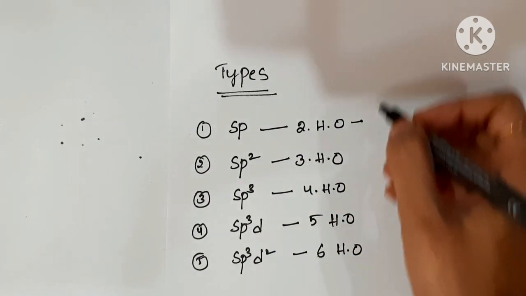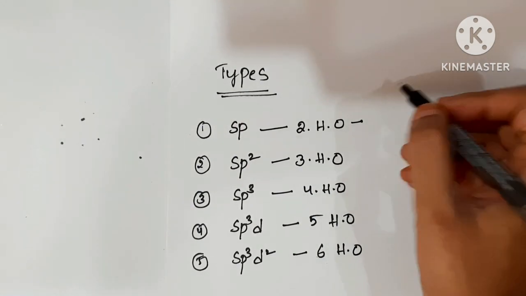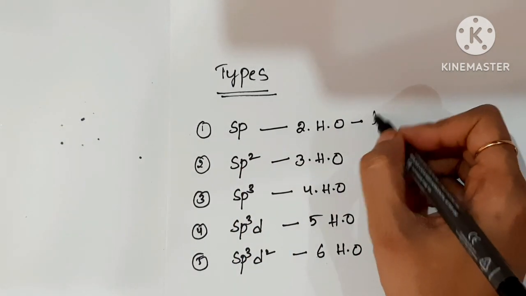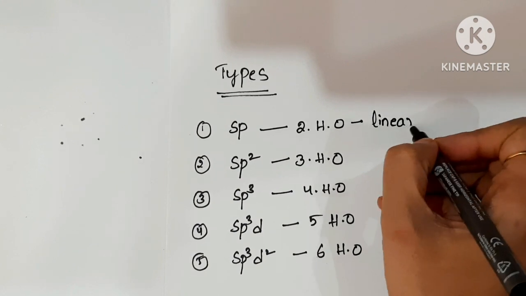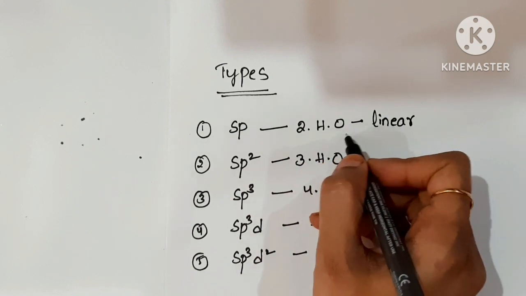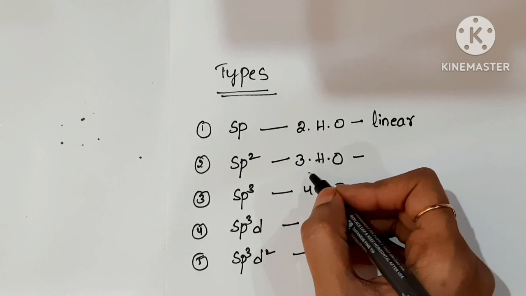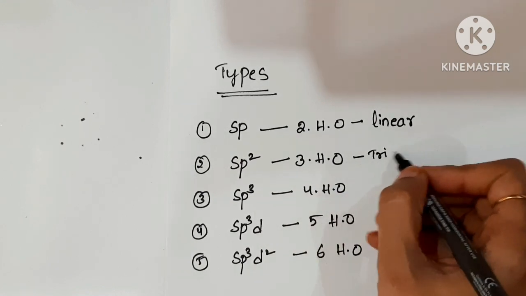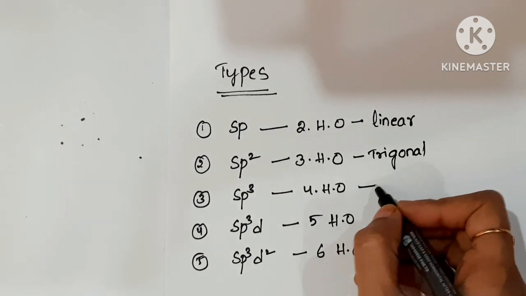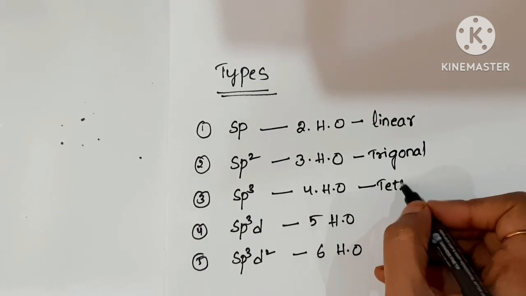So hybridization is used to detect the molecular structure. In sp hybridization, what is the structure? Linear, because two hybrid orbitals are there. Here 3, trigonal. And here 4 hybrid orbitals, so tetrahedral.